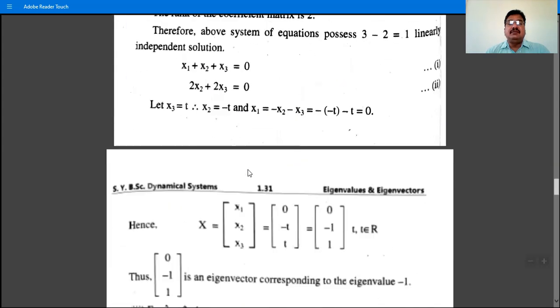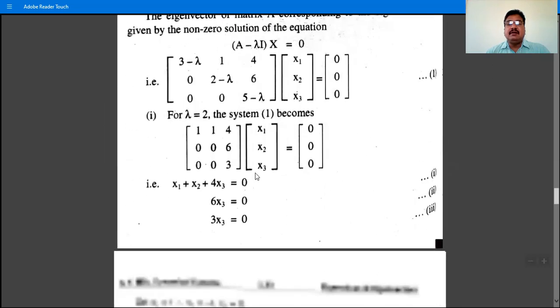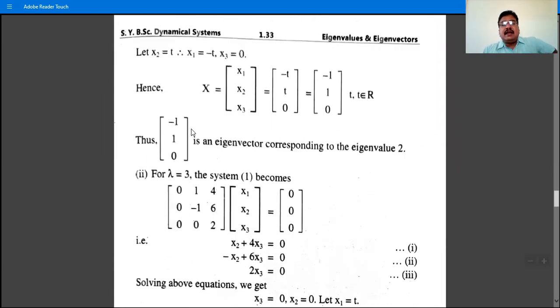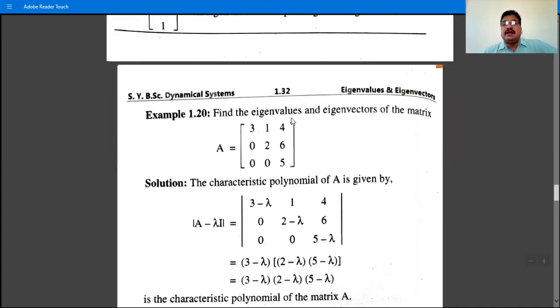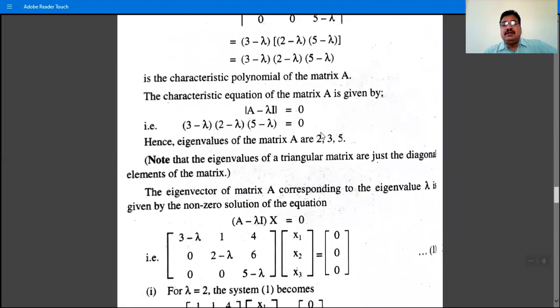Now in this example, corresponding to eigenvalue 2, we have one linearly independent eigenvector. Then consider lambda is equal to 3. Substitute the second eigenvalue, put lambda is equal to 3.